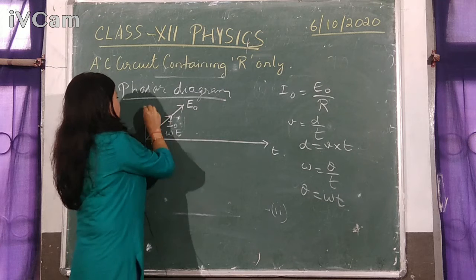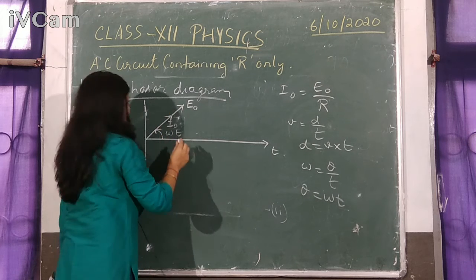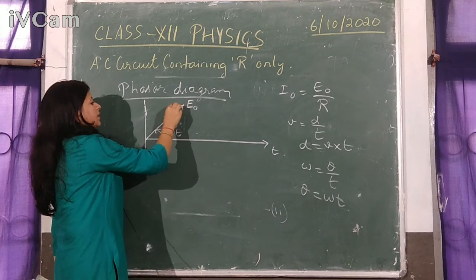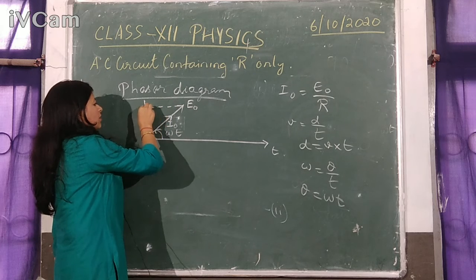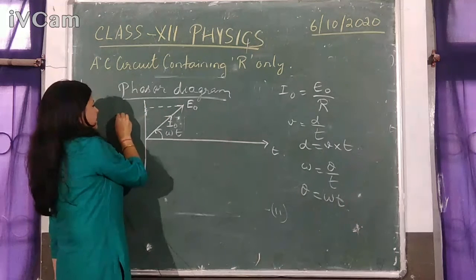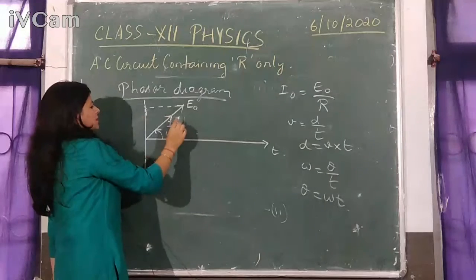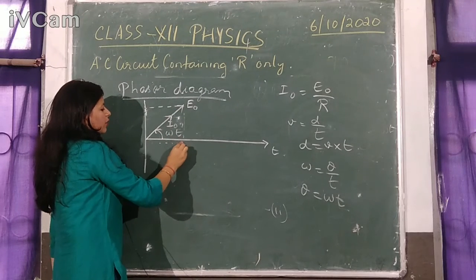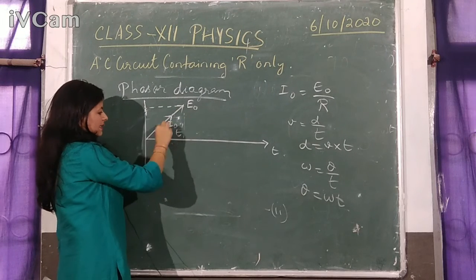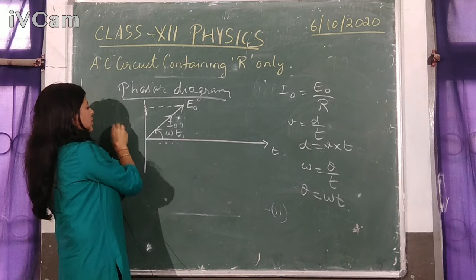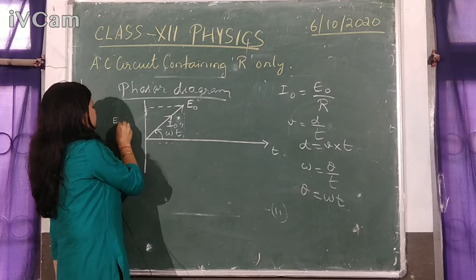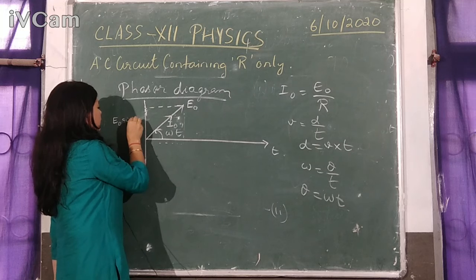All right, now the special thing about the phasor diagram is the projection of the phasor on the y-axis. This is omega t. So this component is E naught cos omega t, and this component is E naught sine omega t.